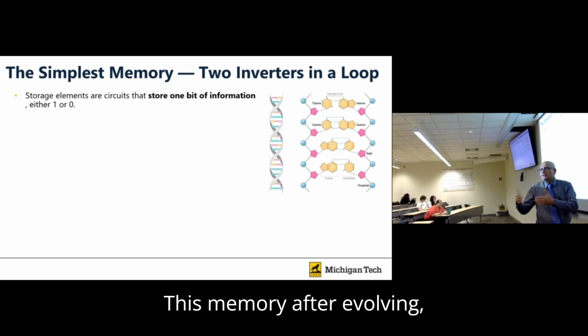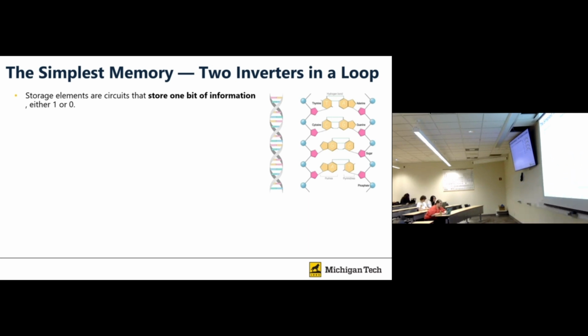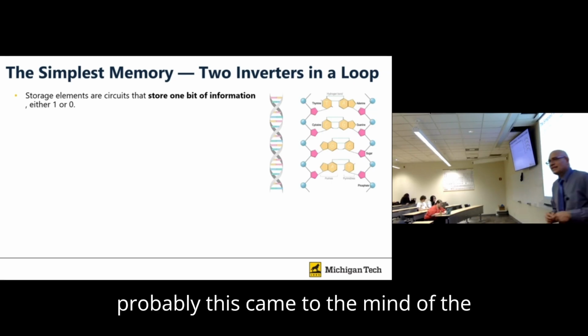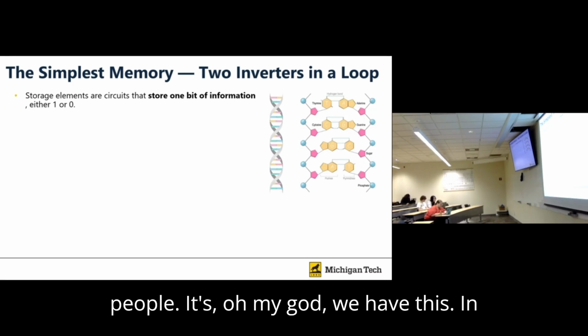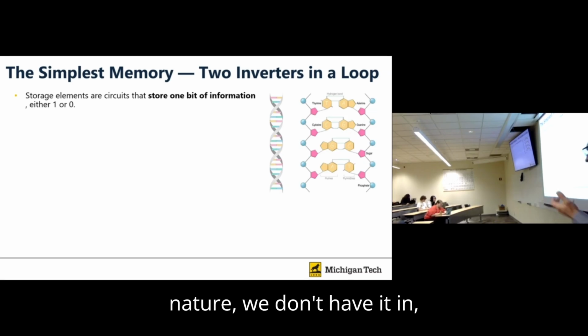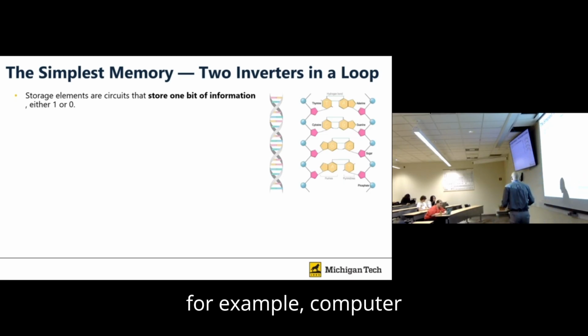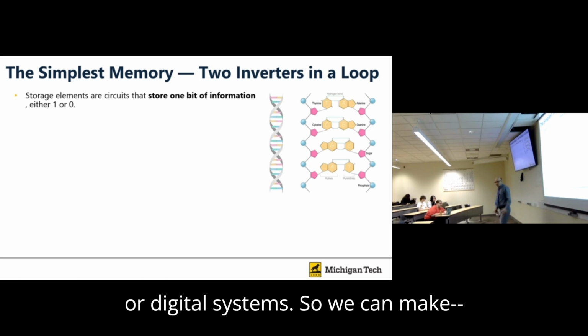This memory, after evolving, was created and adjusted and weighted. I'm not sure, but probably this came to the mind of people and they said, oh my God, we have this in nature, why don't we have it in, for example, computer or digital systems?